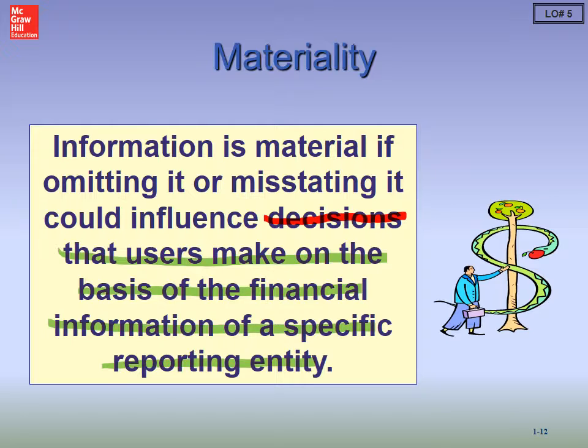Now, I just gave you a quantitative example, but we also have to consider qualitative aspects of materiality. For example, if I had known that the financial statements were misstated by $25,000, notice the amounts come down tremendously, because of management fraud, I would have never bought the stock. Now it's a qualitative aspect that changed the decision-making process.